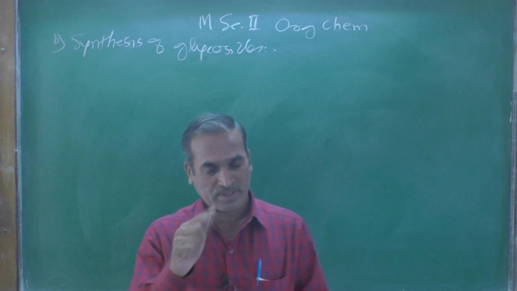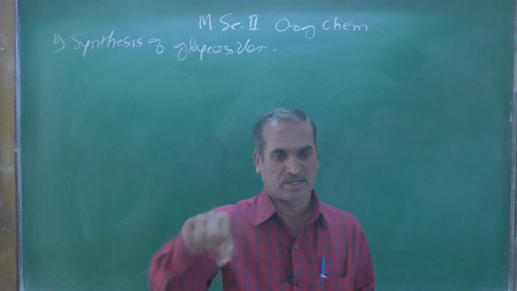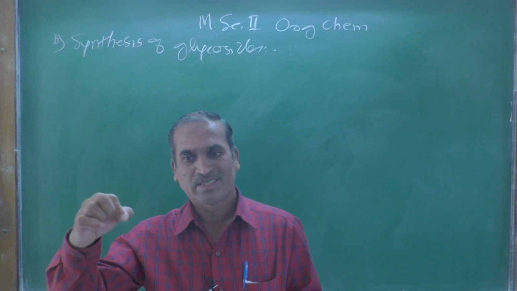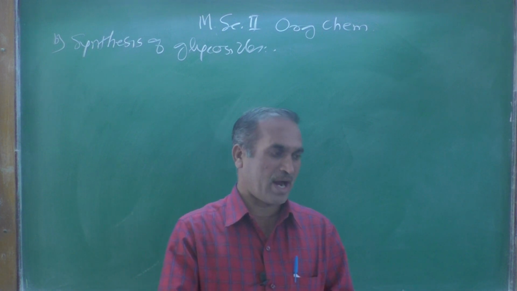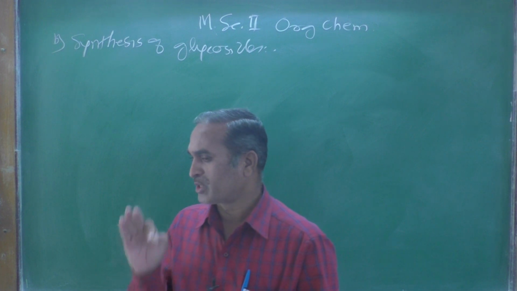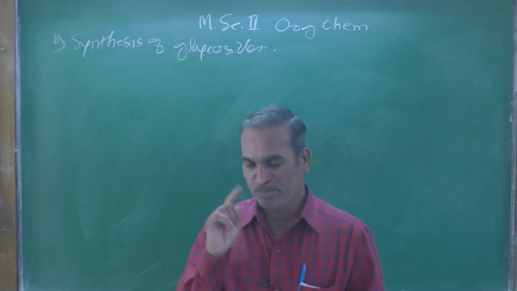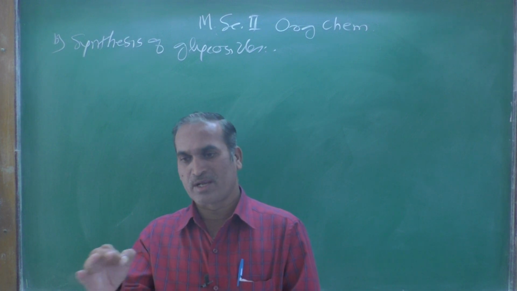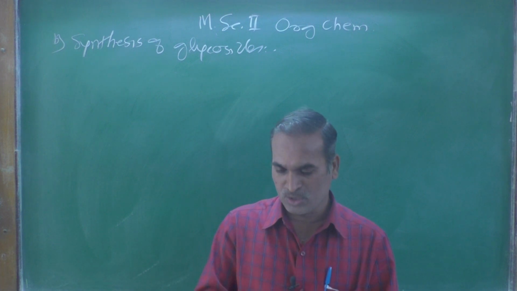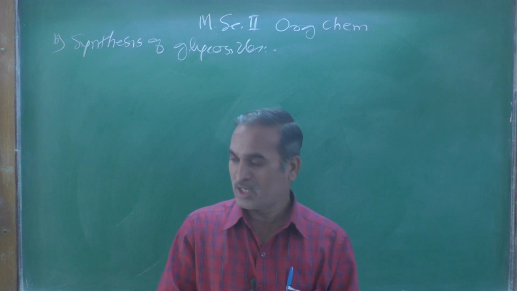If the anomeric hydroxyl group is written in a zigzag manner, then you cannot define it. You cannot say definitely whether it is the alpha form or the beta form. That is a general way of representing the anomeric hydroxyl group in this fashion. So that is a general trend.